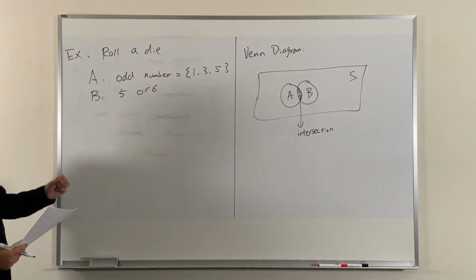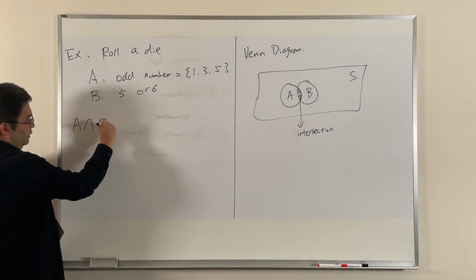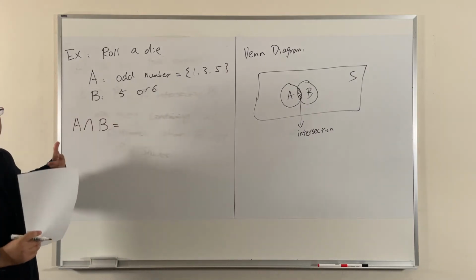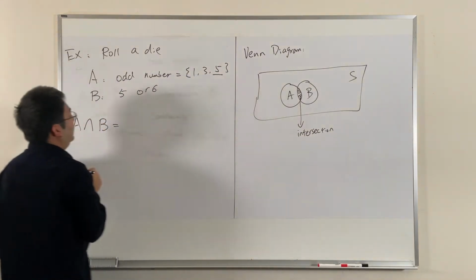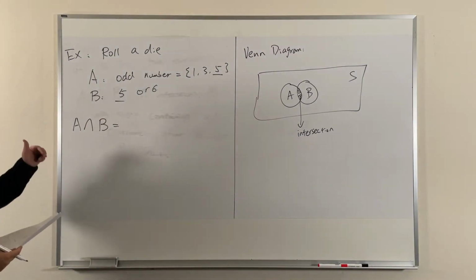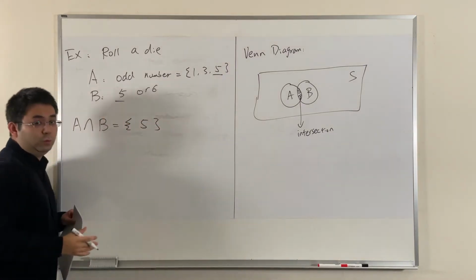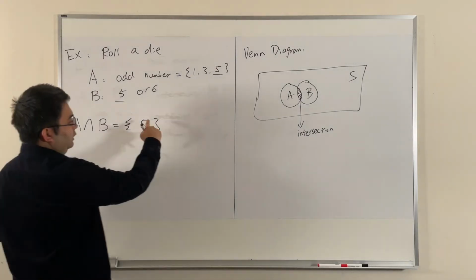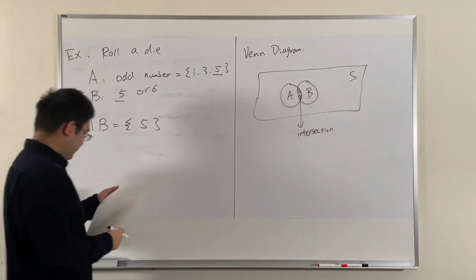So what's A intersect B here? We're looking at an outcome that's in both A and B. 5 is in A and 5 is in B, which means A intersect B is the set of just 5, just one value. If we show it in the Venn diagram, it's in the shaded area here.